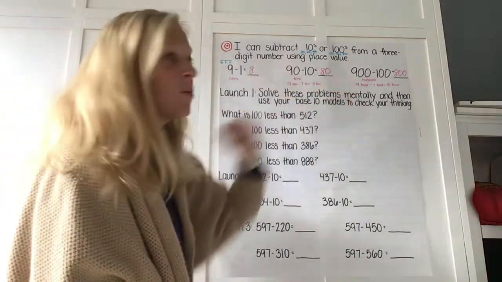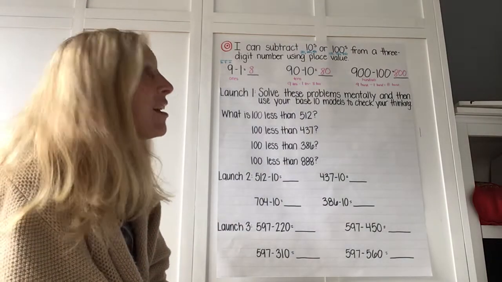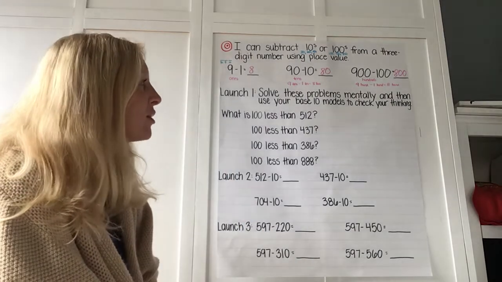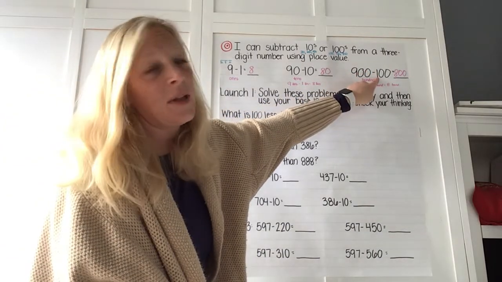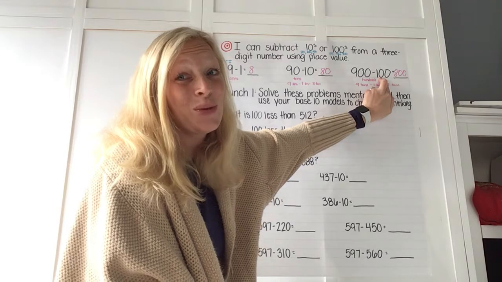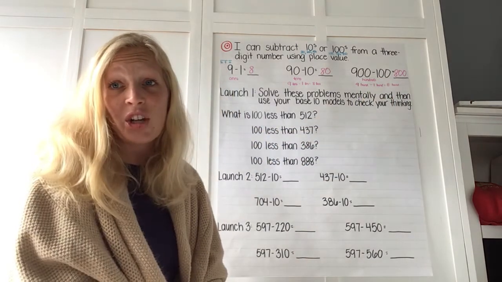What place changed when we were subtracting 900 minus 100? The hundreds place. And why the hundreds but not the tens or the ones? There was a 1 in the hundreds place, but not in the tens or the ones place. There were 2 zeros in the tens and the ones. And so that tens and ones place didn't change.